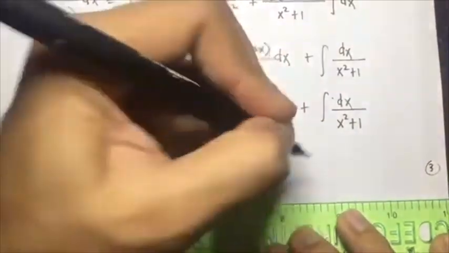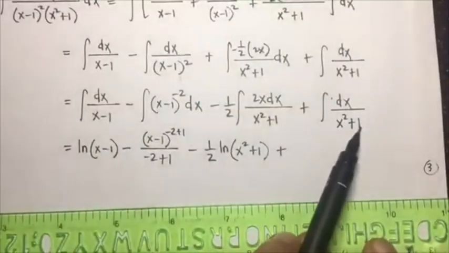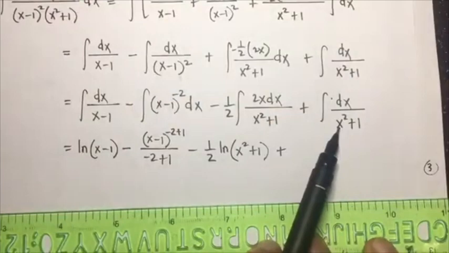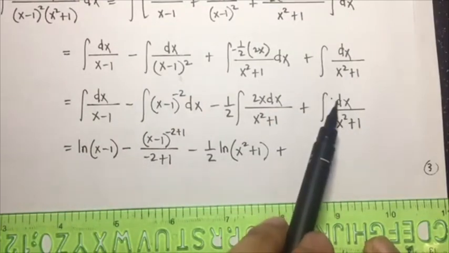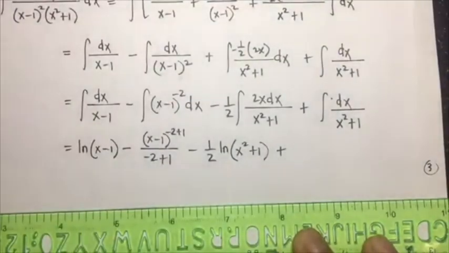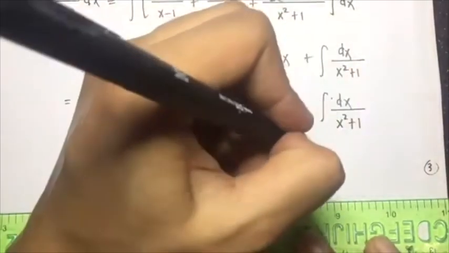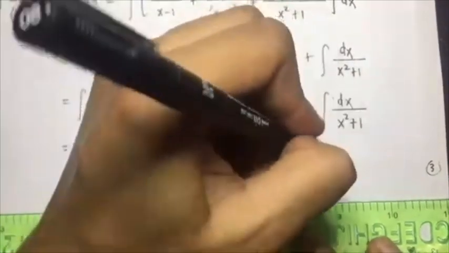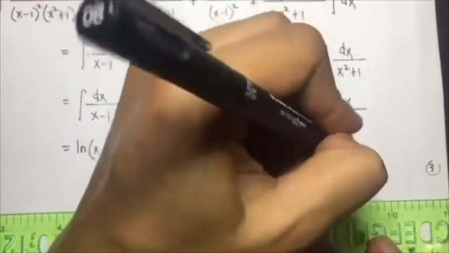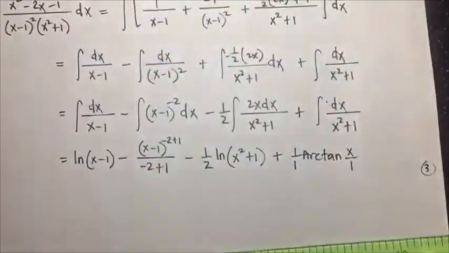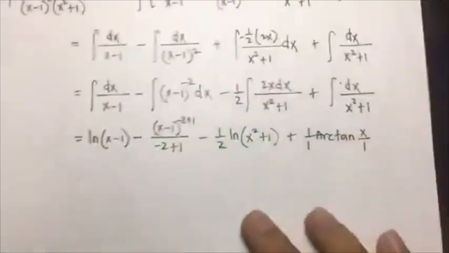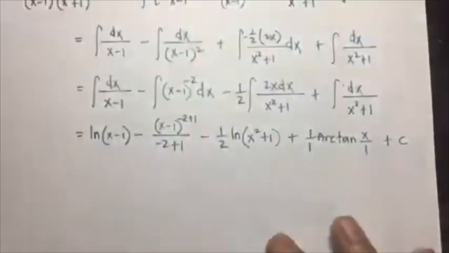Okay, plus the integral of this, where u is x and a is 1. The numerator is the complete differential of u, so we just follow the formula, 1 over a arctan of u over a. So 1 over 1 arctan of x over 1. Okay, and since we already finished integrating, plus c.